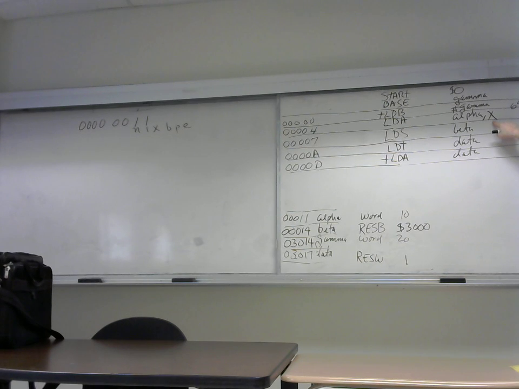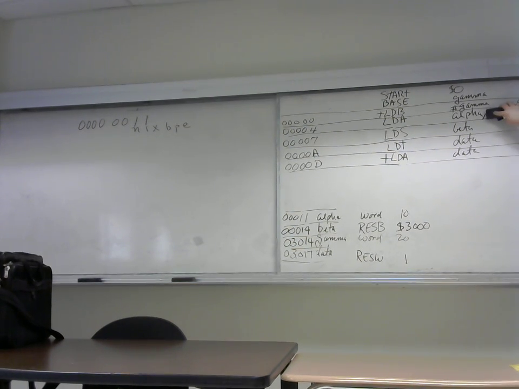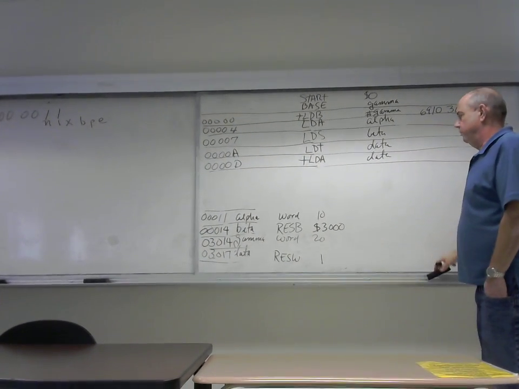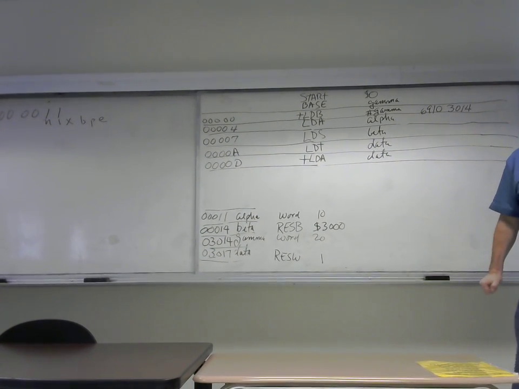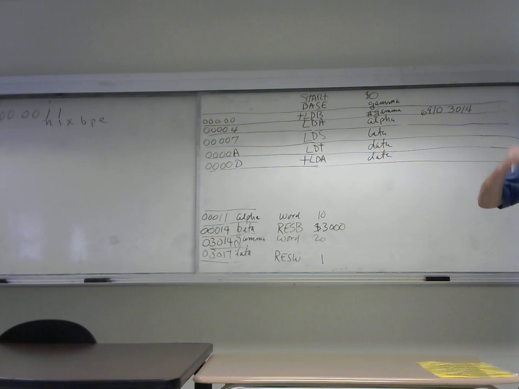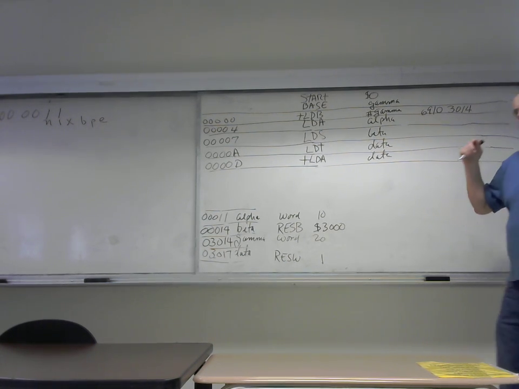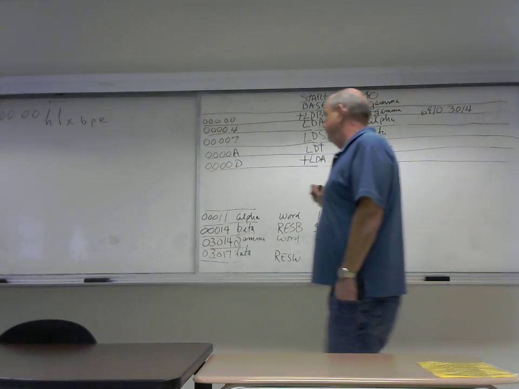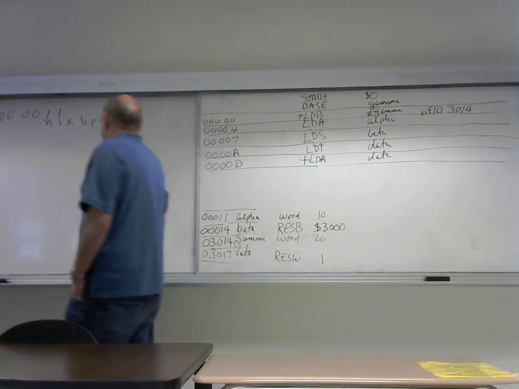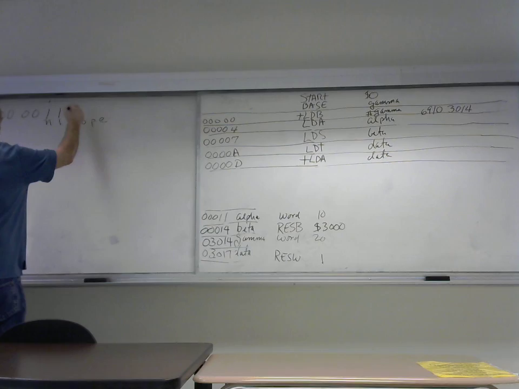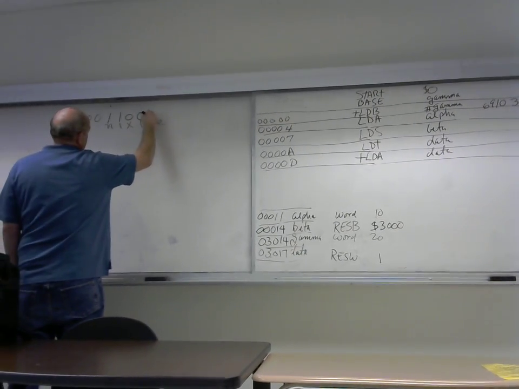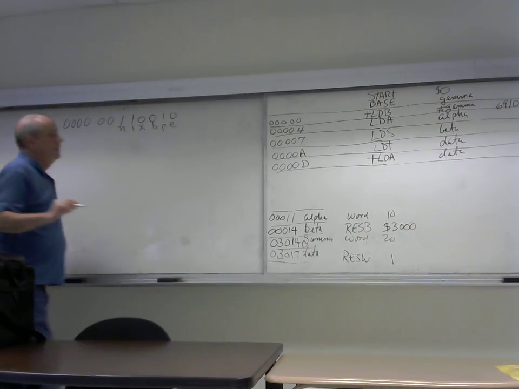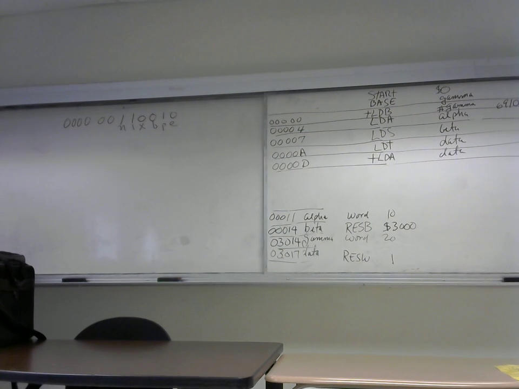So this is used for indexing, and it's primarily used for arrays. To get the array index, you put the index in the X register. Okay. Not, yes. Everybody see how we set those?